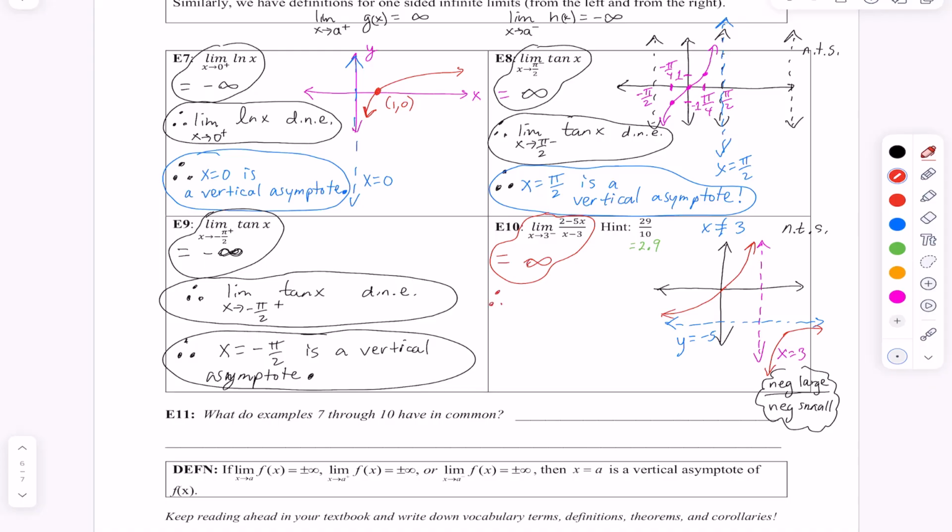What's our secondary conclusion? The limit as x approaches 3 from the left of 2 minus 5x over x minus 3 does not exist. And our third conclusion, therefore, what is x equals 3? X equals 3 is now called the vertical asymptote of the function.